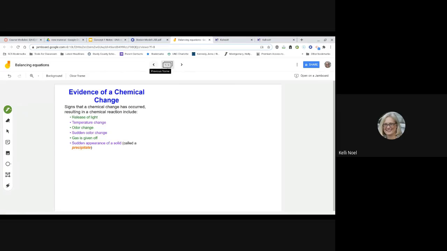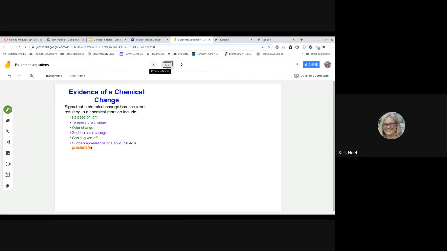All right, so one thing I didn't talk about was, to know if a chemical change has taken place, you need to see some of these things right here. When a chemical reaction takes place, you could see a release of light, like a spark. Temperature can change. That means it can get cooler or hotter. An odor can change. You can smell odor.